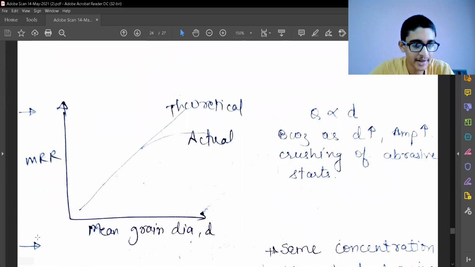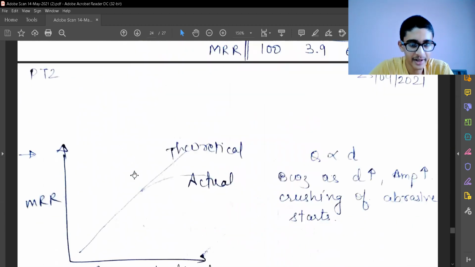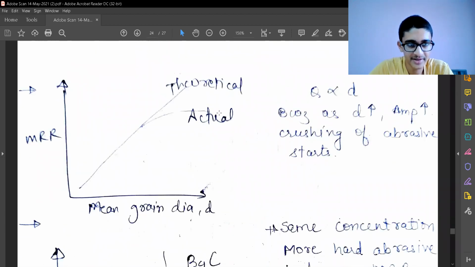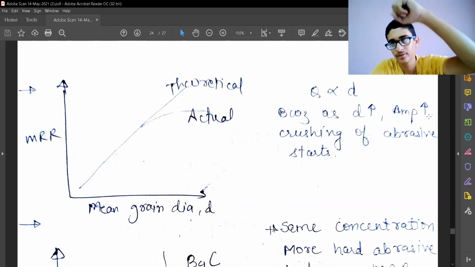Now let's come to MRR with mean grain diameter, D, or the equivalent diameter. Theoretically, it should have a straight line like this because Q is directly dependent on D raised to power 1. It should have been a straight line, but actually there is some deviation, and MRR then starts having a constant value. It doesn't keep on increasing. As I increase the diameter, the effective amplitude also changes, because if I have a smaller diameter of grain, I need a larger amplitude, so I need to cover a larger distance.